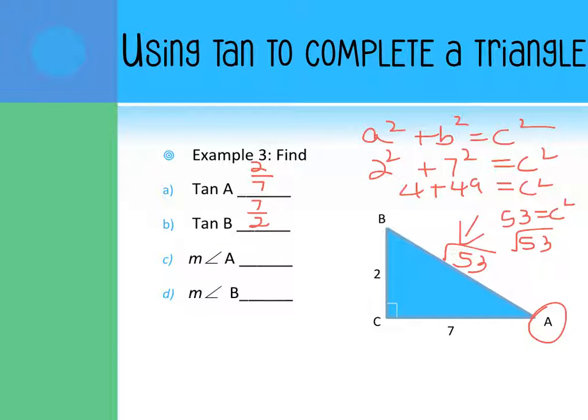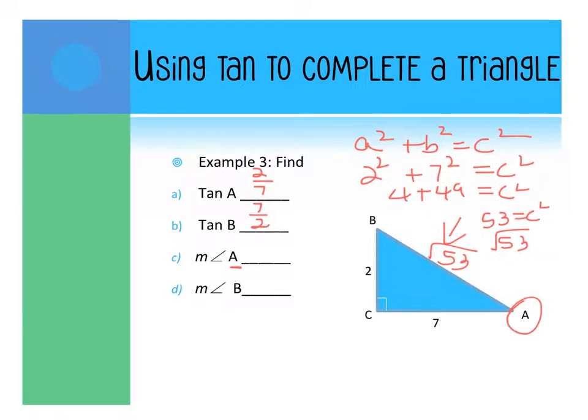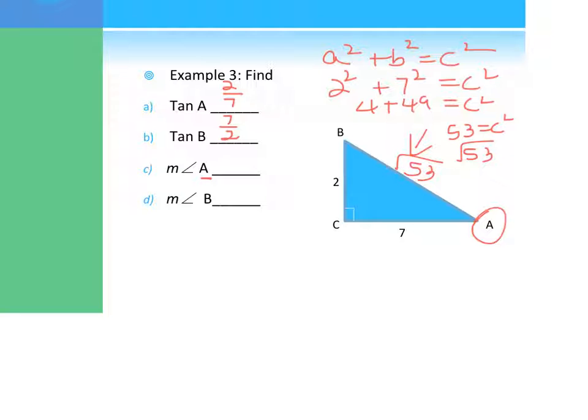Now that we know these tangent ratios, we're going to find the measure of angle A. So to do that, we could do tan -1 of 2 divided by 7. So we use that tangent of A to find the measure of angle A. And this is where you hit your shift key.